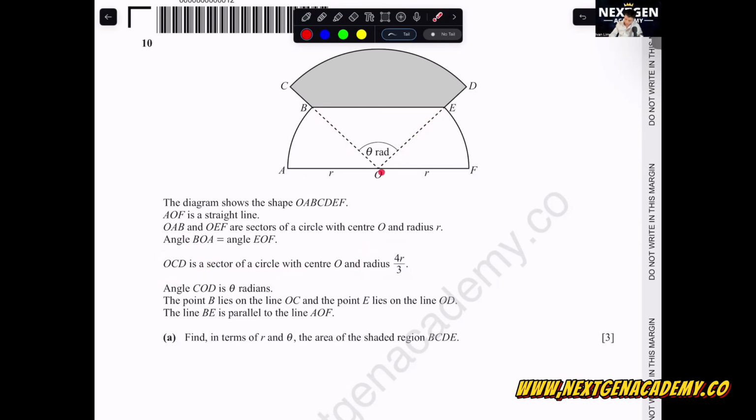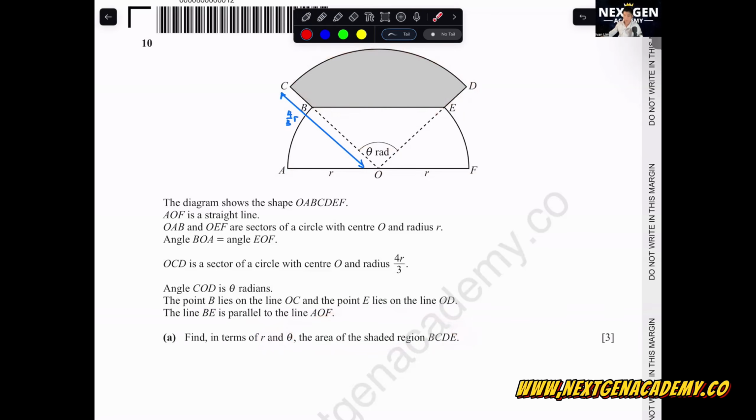We label this, the entire thing, as 4R over 3. Angle COD is theta. The point B lies on the line OC, and point E is over here. Line BE is parallel to line AOF. Find, in terms of R and theta, the area of the shaded region.